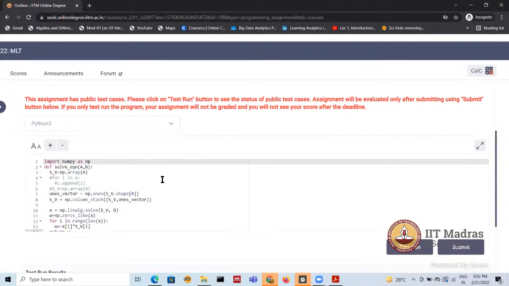The syntax that we use from NumPy to solve such a system of linear equations is np.linalg.solve of S_V, that is the column stacked ones vector, and the b value. We are not doing a vectorized form, just element-wise multiplication and then adding.